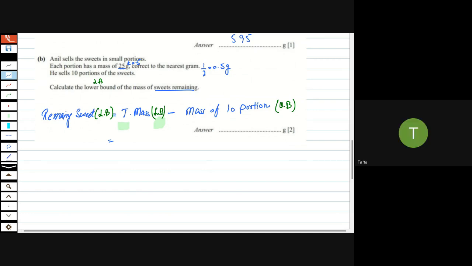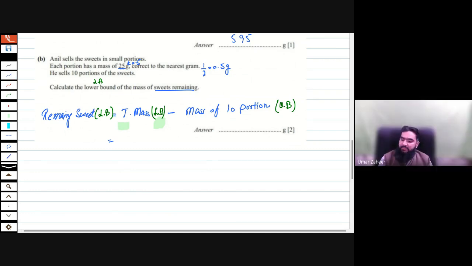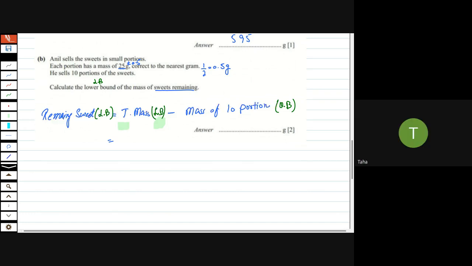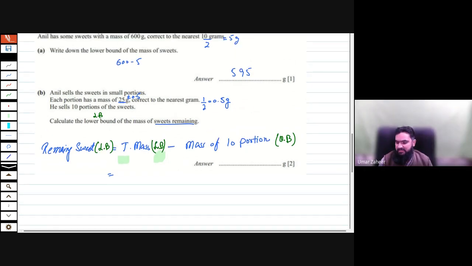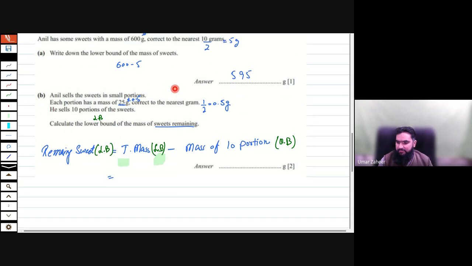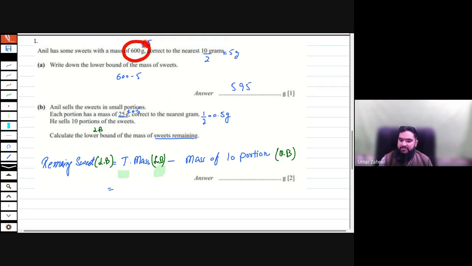Sorry, sir. Can you explain again? I don't get it. You did not get the lower bound thing or the simple general formula? The general formula. Okay, it is basically simple math. You have a total of 600 grams of sweets, and you are going to be packing 25 grams in each pack, and 10 packets.